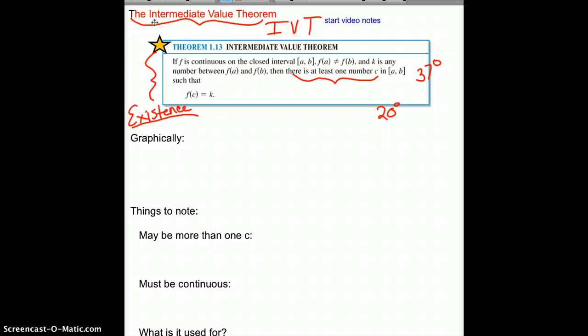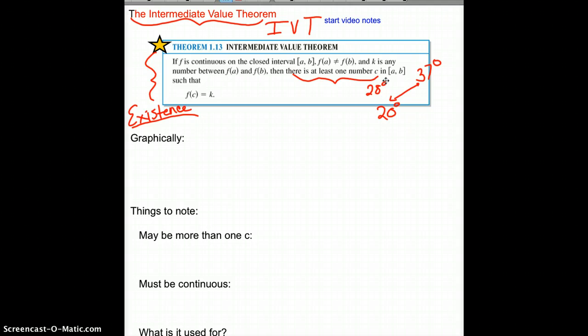Even if it goes quickly, it still passes through all the other temperatures on the way up. So what the intermediate value theorem says is that for any temperature in between these two, there had been a time today where it was 28 degrees.